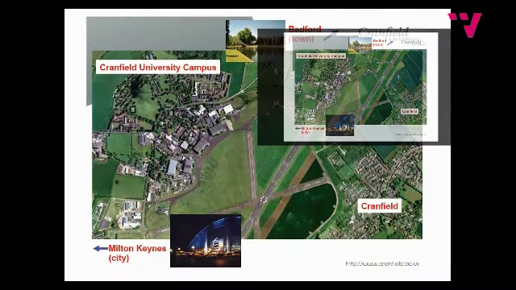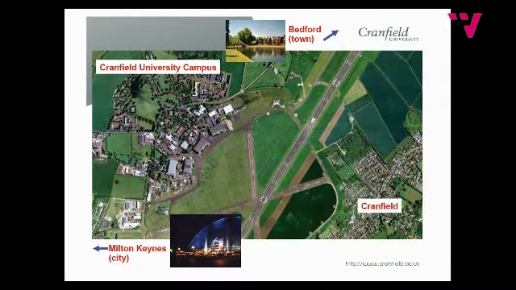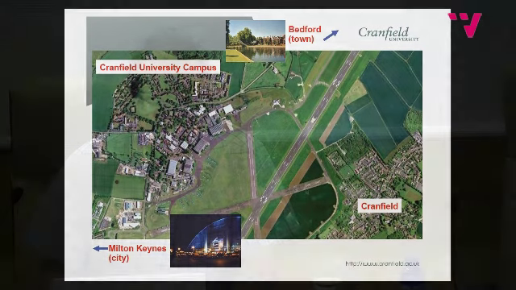Bedford, to the east of Cranfield, is quite an old town, dating back to the Domesday Book, so 10th, 11th century. And then in the other direction, we have a much newer city called Milton Keynes, and that's much more from this century, in fact. That's one of the new towns in the United Kingdom. Both of those places provide all the typical facilities you would expect: cinemas, theatres, bars, cafes, restaurants, that kind of thing.